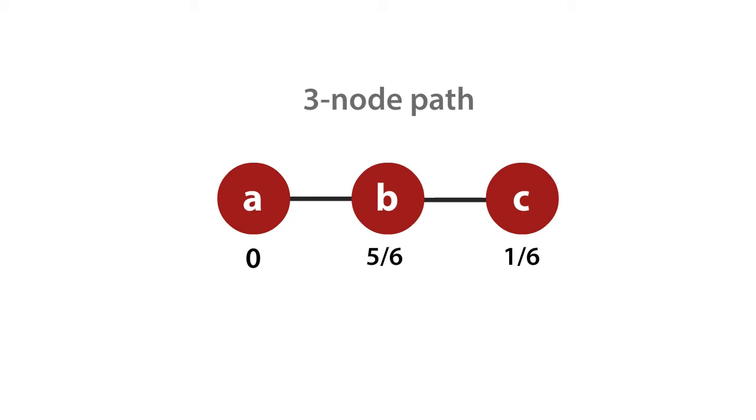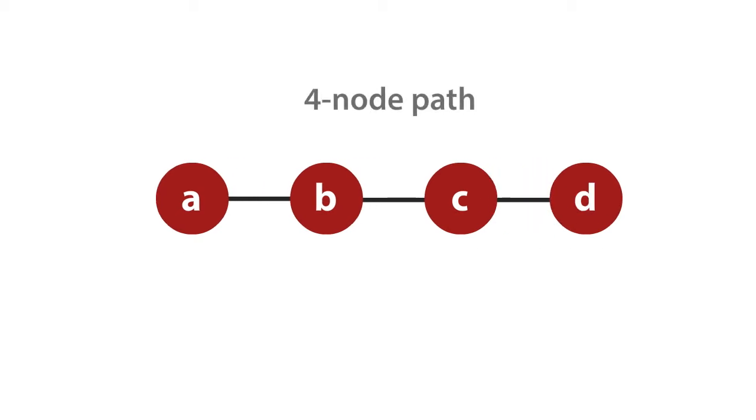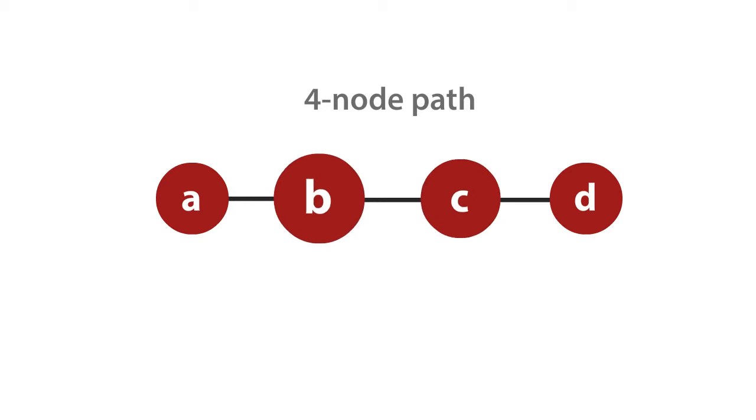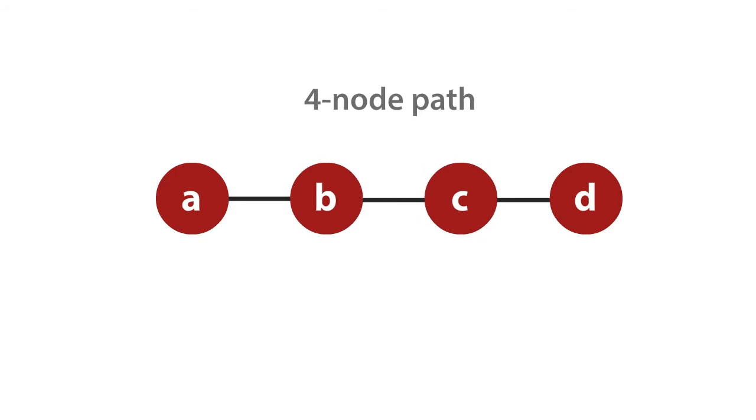Let's look at something slightly more complicated, a 4-node path. Now, in this path, B and C have power over A and D respectively. But let's think about B versus A. B looks more powerful than A, and the experiments reveal that, but B's power is limited because B's potential partner, in addition to A, that is if he decides not to trade with A, is C, and C too is powerful because C has D as an alternative.